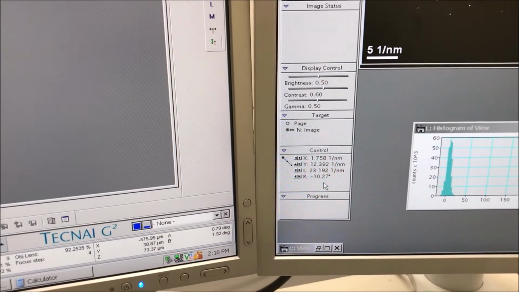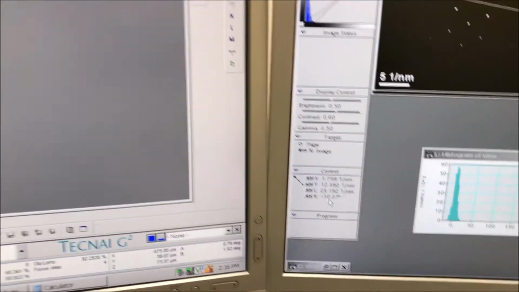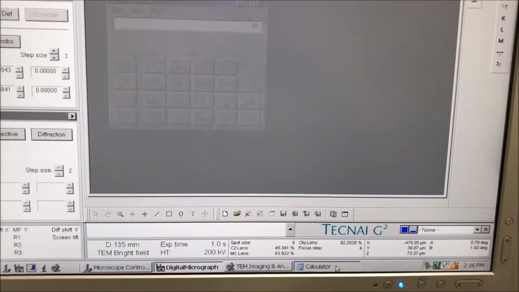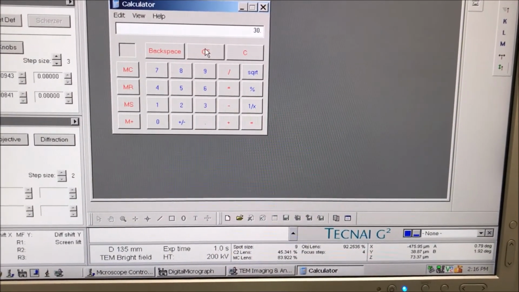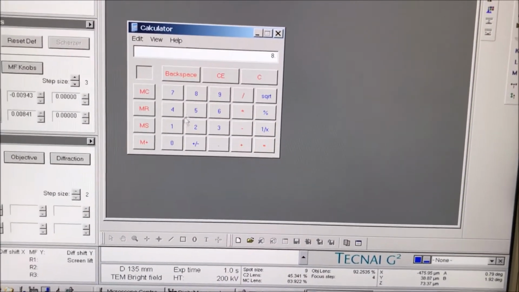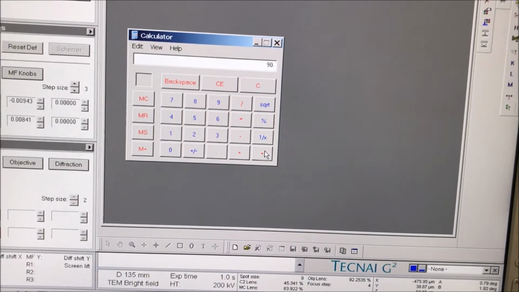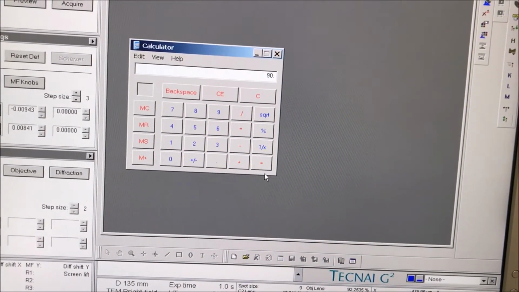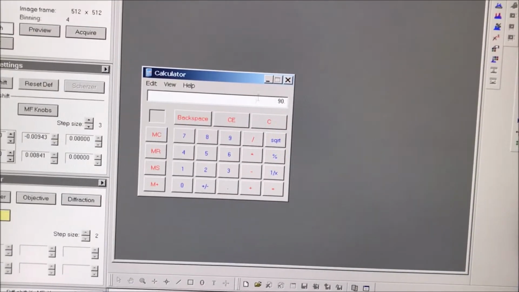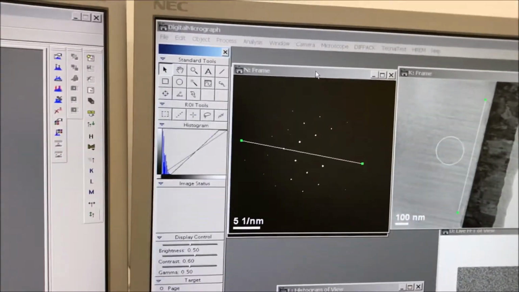So now by doing a little math here, which isn't very difficult, what I end up finding out is that I have to perform a counterclockwise rotation of my diffraction pattern of 90 degrees.